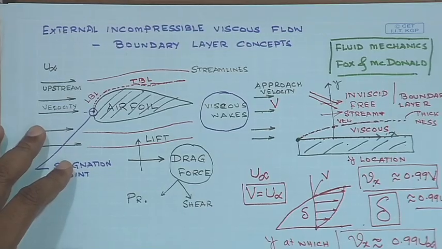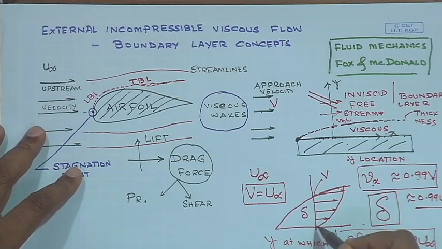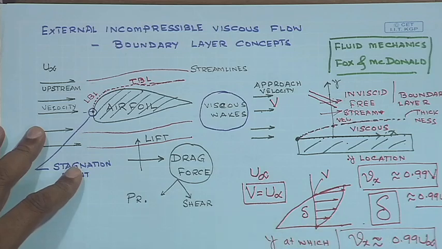So, they vary asymptotically. That means the gradient of velocity in the x direction with y slowly decreases, and the profile is something that I have drawn over here. So, the profile of the boundary layer is something like this.